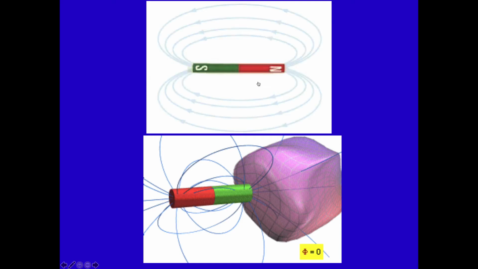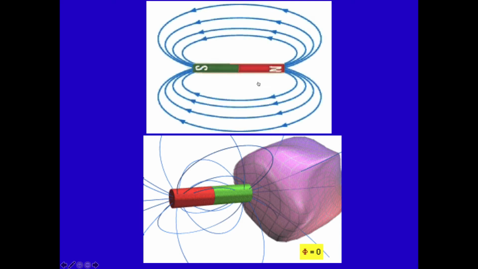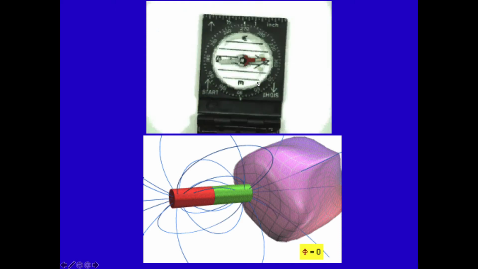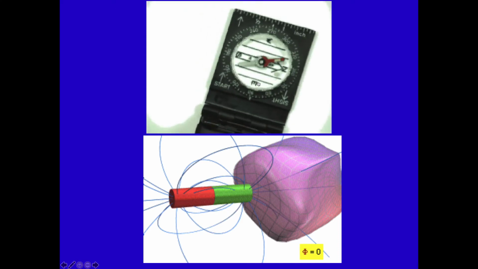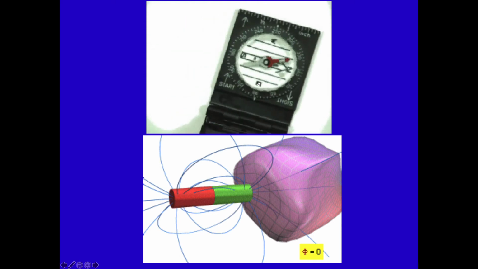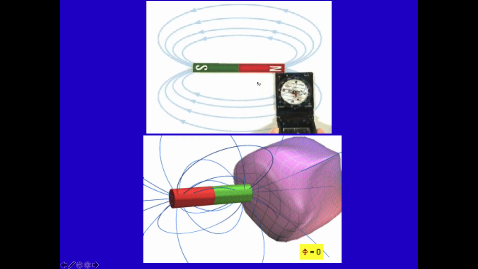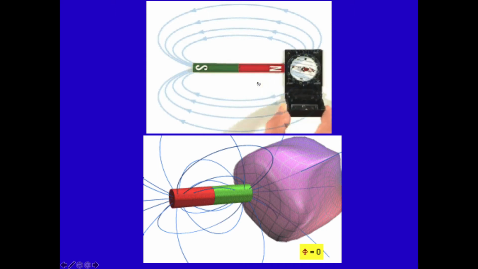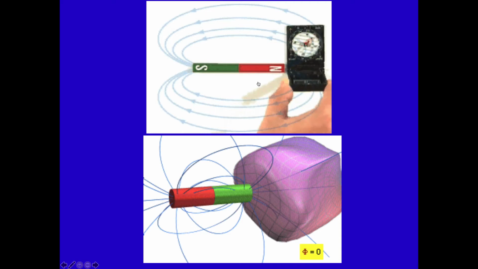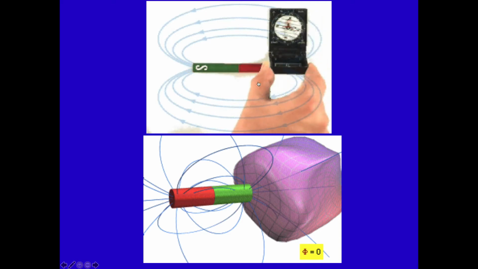A magnet produces a magnetic field that extends into space. A compass is itself a weak magnet that readily aligns to an external magnetic field. By moving the compass around the bar magnet, we can map out the bar magnet's field. The arrow defines the direction of the magnetic field.